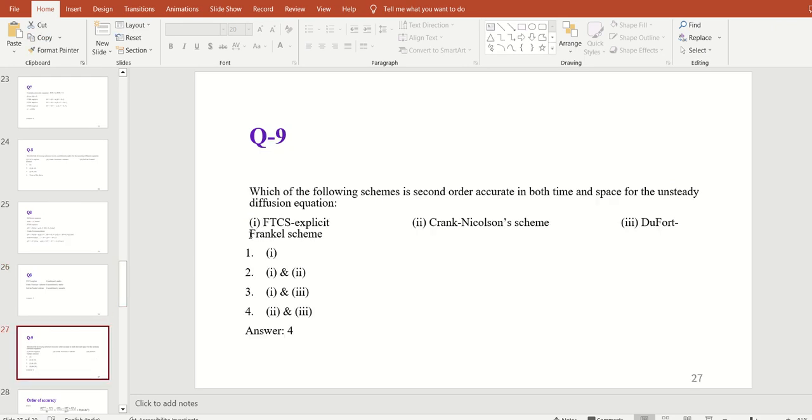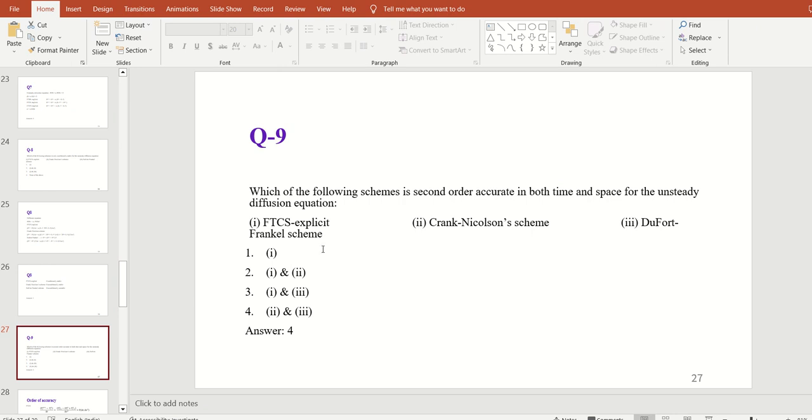Which of the following schemes is second order accurate in both time and space for the unsteady equation? Forward time central space explicit, Crank-Nicolson scheme and Dufort-Frankel scheme. It is observed that it was same as the previous question, where it is asked that second order accurate in both time and space.